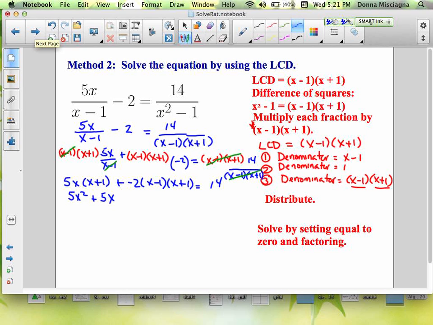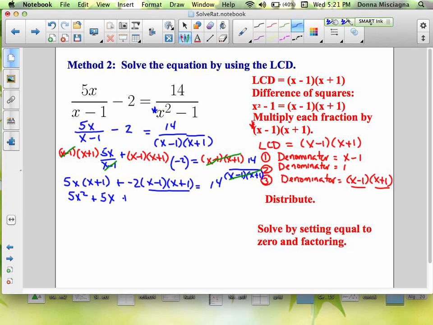Now, if you've got to distribute a constant term, a scalar multiple, to a product of binomials, take care of the binomials first and then distribute the negative 2. That'll be a lot easier. And actually, we know this is a really easy multiplication, x minus 1 times x plus 1, because if you remember, we factored x squared minus 1 and got x minus 1 times x plus 1.